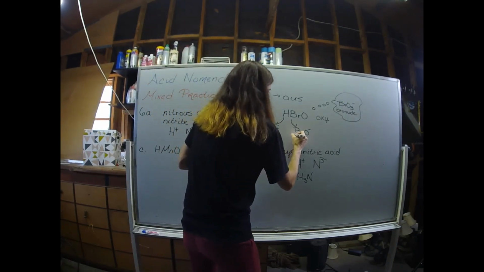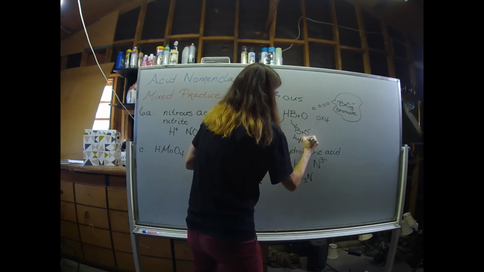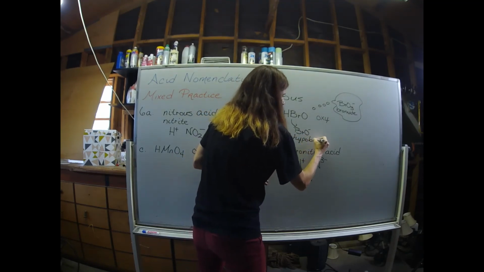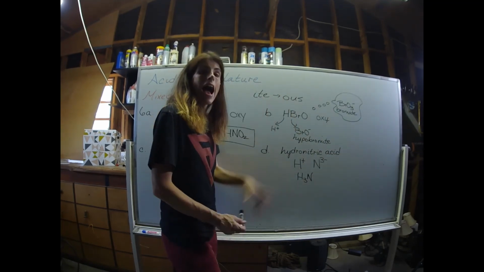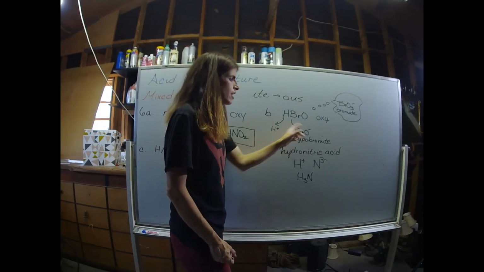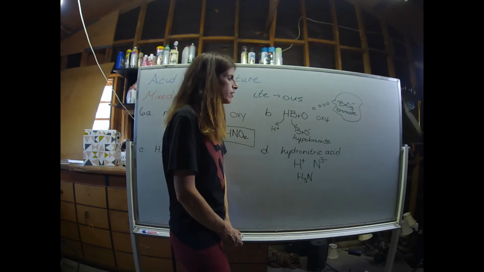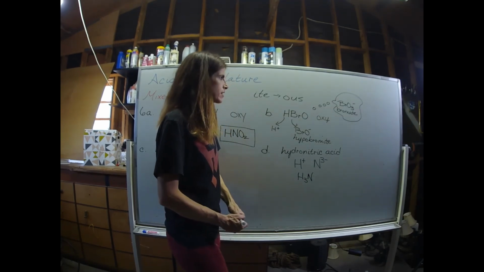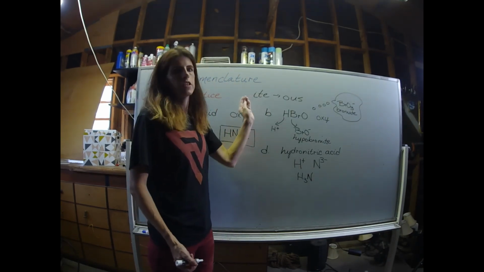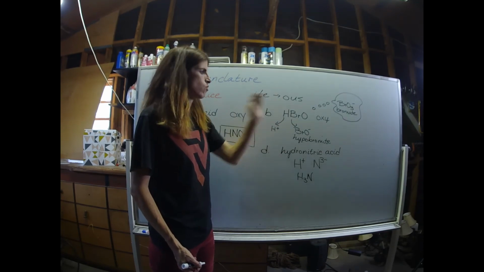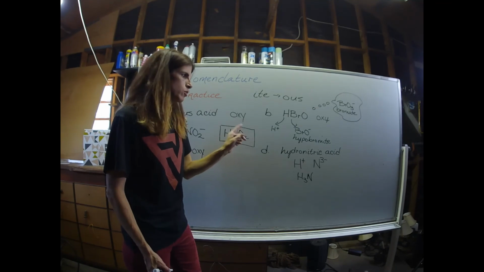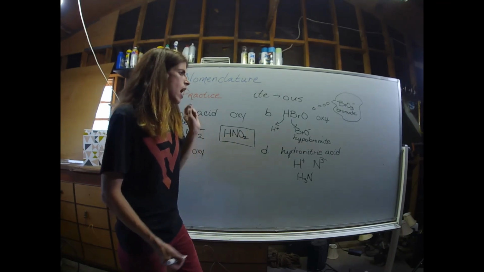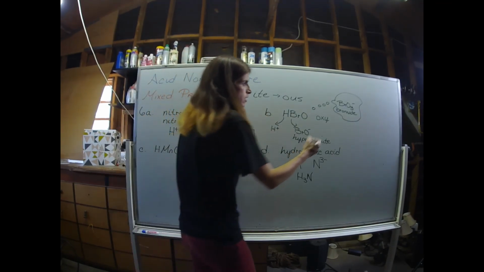So this is hypobromite. Halfway there, we have the name of the polyatomic ion. It's hypobromite. So now I'm thinking about this pattern again, ite to ous. So I'm going to report the name of HBrO as hypobromous acid.